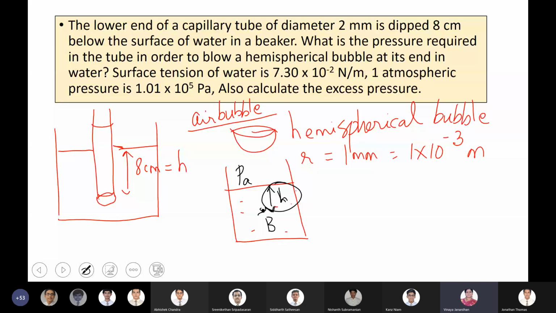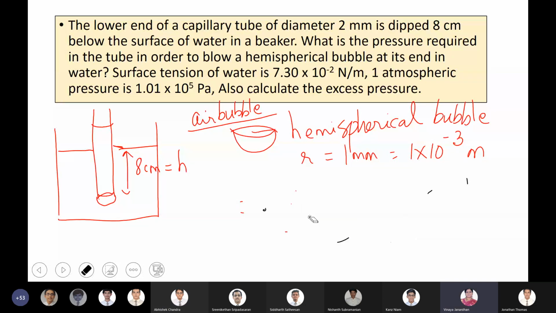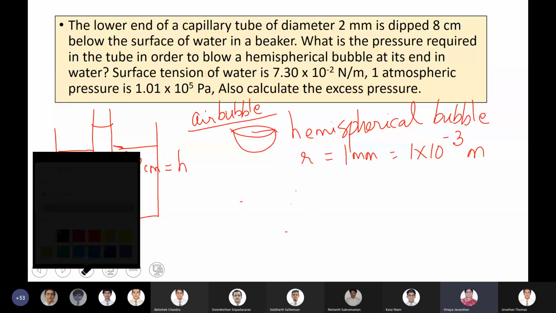So pressure at point B will be atmospheric pressure plus the pressure exerted by the liquid column of height h. Is this concept clear, boys? This is a general one. These concepts should be clear.